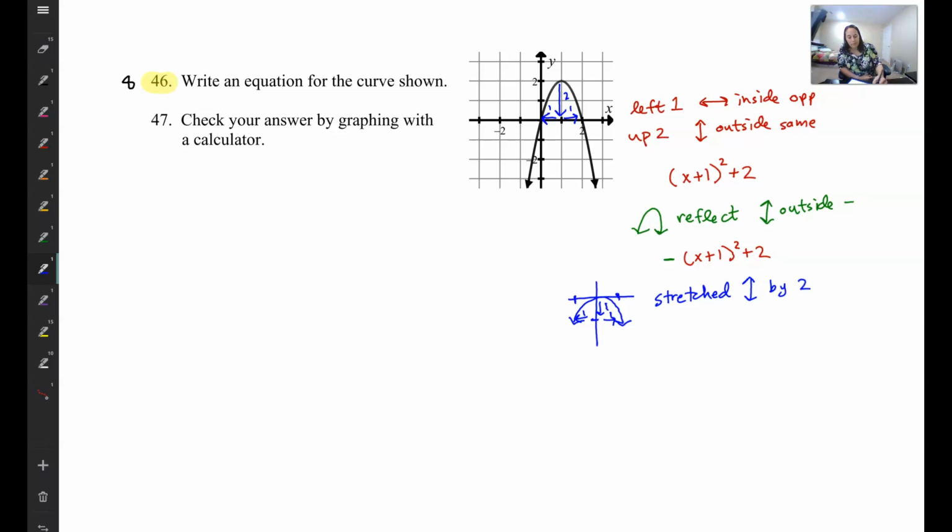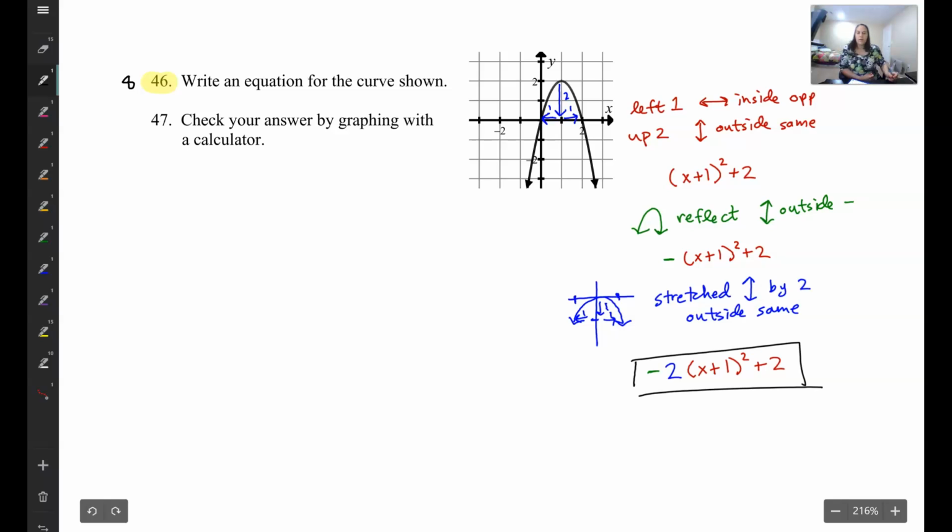So if we stretched up and down by 2, that's going to be outside and the same. So I need to put a 2 outside my square. So that means I'm going to get, got my negative there, I'm going to put a 2, and then I have the rest. And that is my final equation.